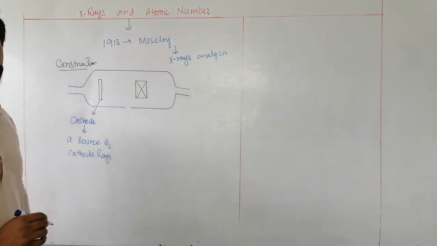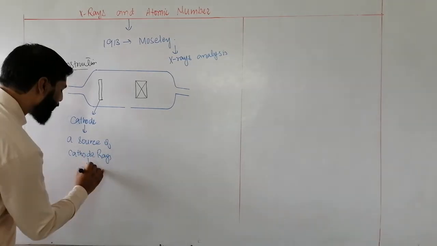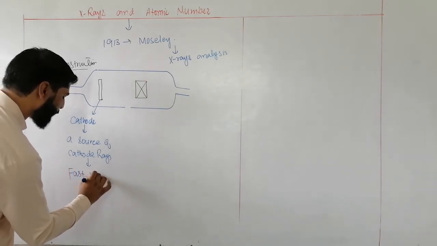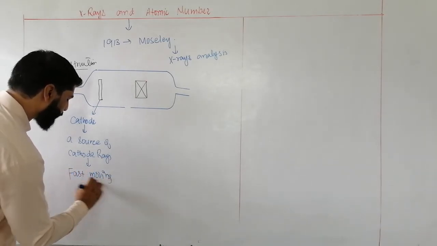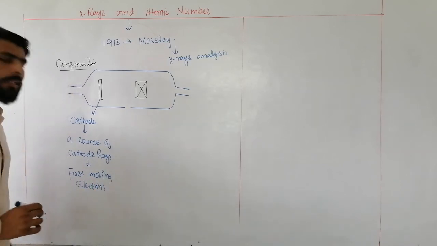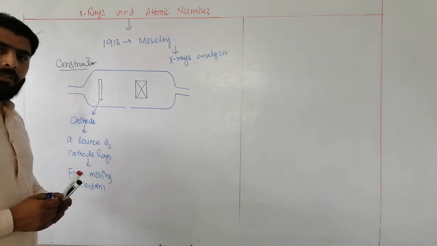What are cathode rays? Cathode rays are fast moving electrons.